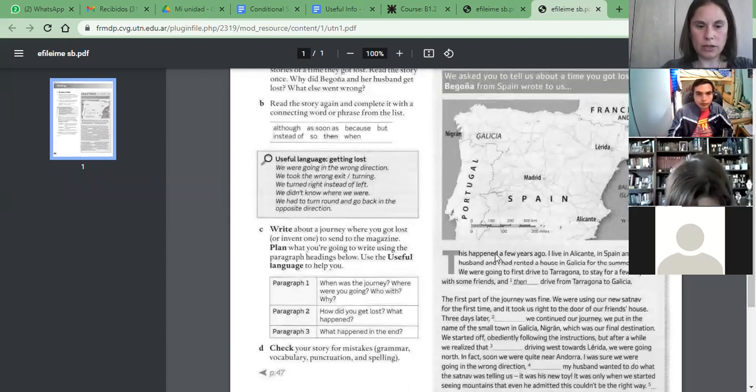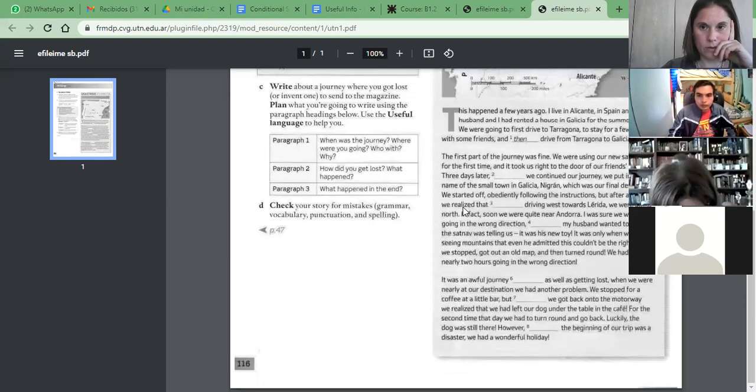I will write them in the chat, so that you can read the text together, all complete here. They are in the chat.